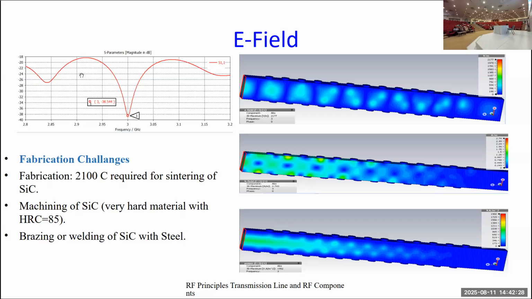And the third issue is that, as we don't need efficient transfer of power through the waveguide, we can use a steel waveguide, which is easy to weld. In the case of copper, we need to braze it. So here we also have to weld these silicon carbide posts, which is also a difficult task.